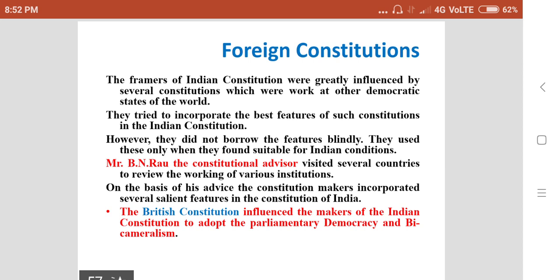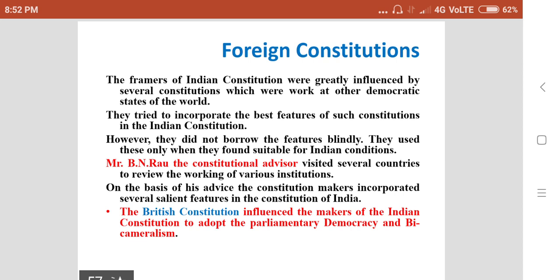They tried to incorporate the best features of such constitutions in the Indian Constitution. They did not select the features blindly.